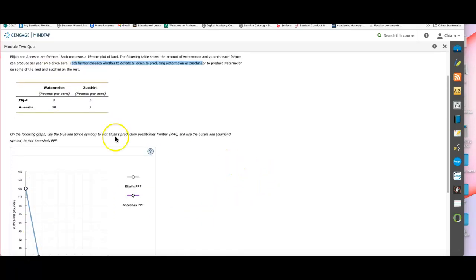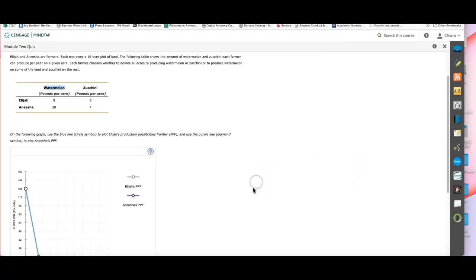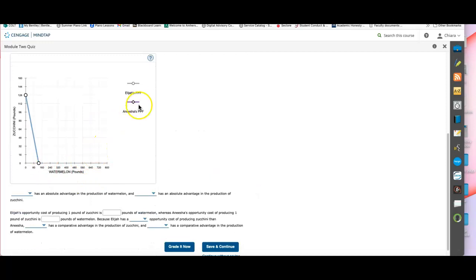For Anisha, I have 28 watermelons per acre. So I'm going to do 28 times 16 acres equals 448. My watermelons are on the bottom here, so I'm going to drag my line, and I'm going to drag the first dot, and it's 448 and 0.